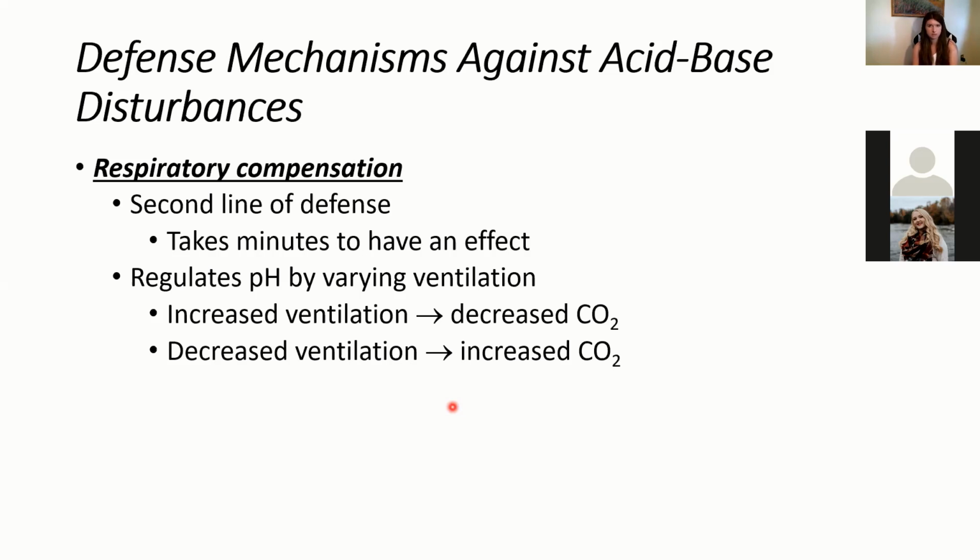The reverse is also true. In states of alkalosis, where you have too few hydrogen ions or too little carbon dioxide, because those are kind of interchangeable in our system, in your blood, so your blood pH is too high, you can decrease ventilation, so breathe slower.